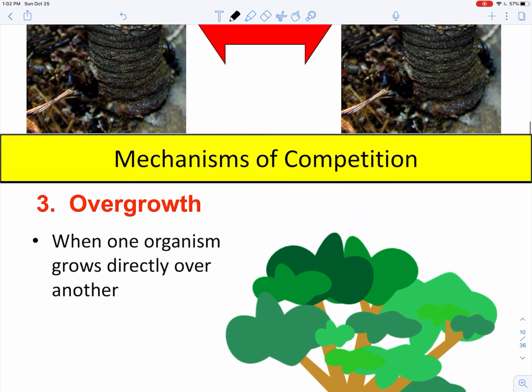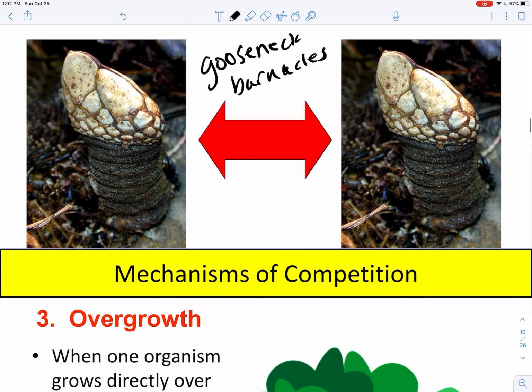We can also come back and think about overgrowth competition. It's not just always with plants, and consider these gooseneck barnacles. Maybe there are little invertebrates that settle on top of these gooseneck barnacles, and they cover them completely and outcompete them for that space.